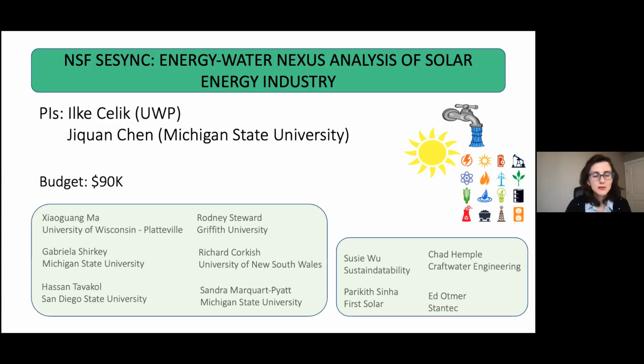Our budget was about 90K. The idea with this project is basically bringing researchers from around the world to a table and merging the data that comes from different perspectives. So energy and water data was merged in this study.